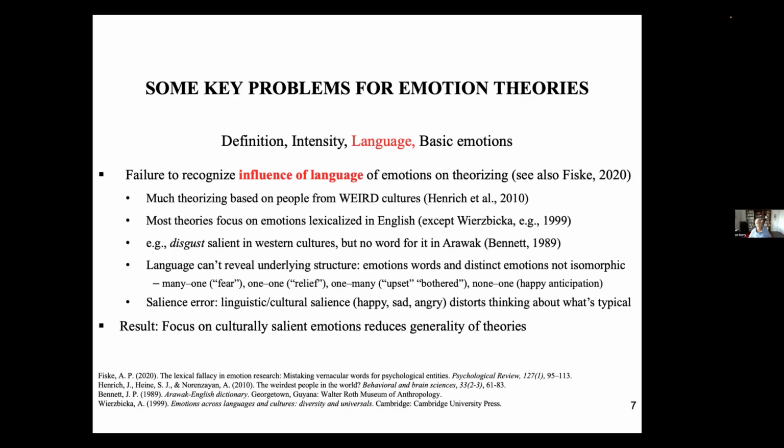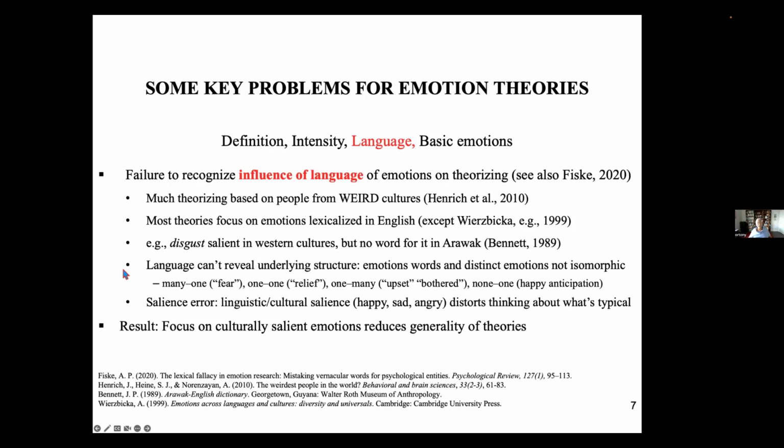I think Arawak also has no word for sad, if I recall. This is a point that Wierzbicka made. So there are some cultures that don't even have words for emotions which in our culture are lexicalized and readily accessible in the way we think and talk about emotional life.